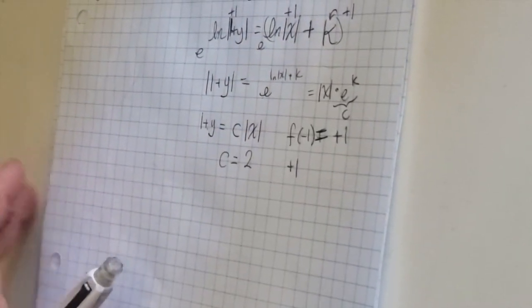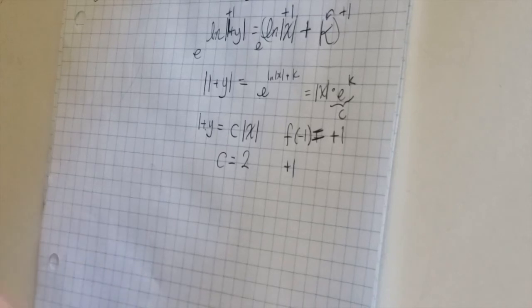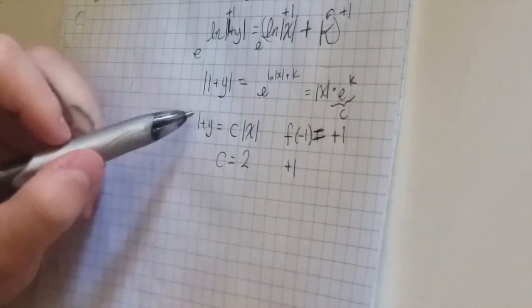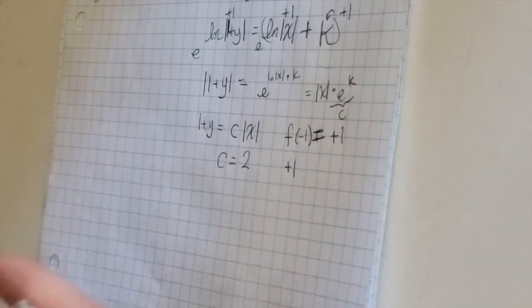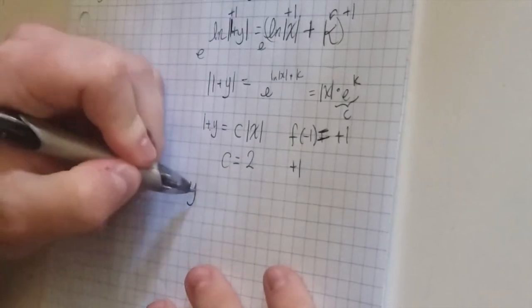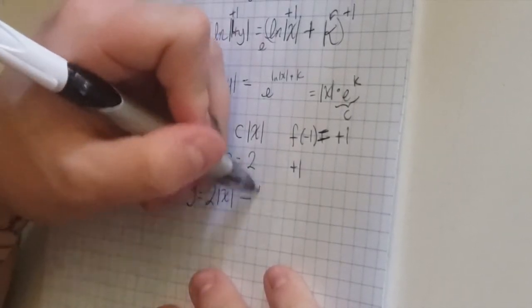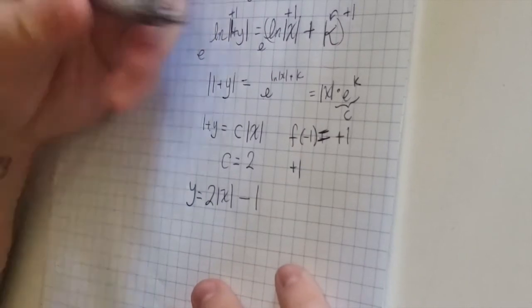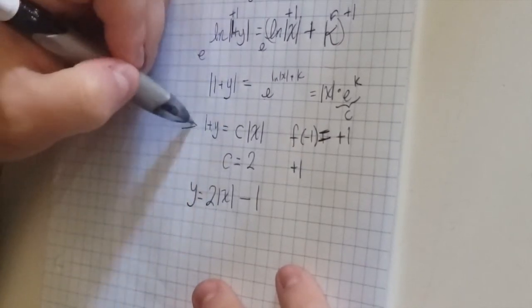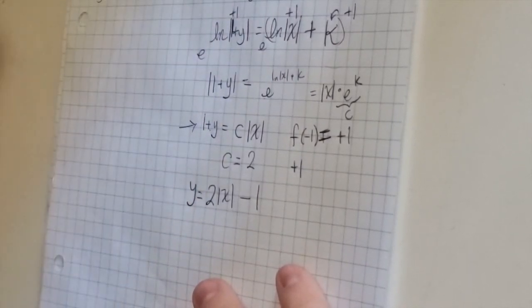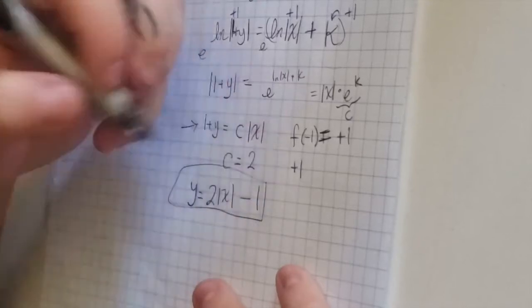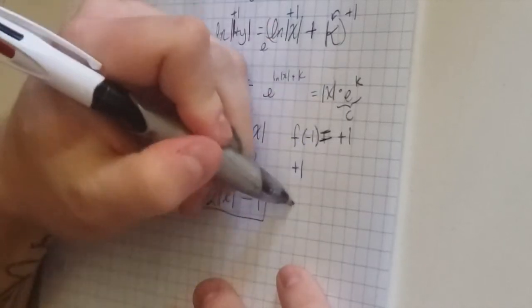Cool, cool. All right, so now that I have c and I have this expression of y, I can say y equals 2 absolute value of x minus 1, because I'm rearranging this expression here. And then this is our solve for y point, so that's +1 for solves for y.